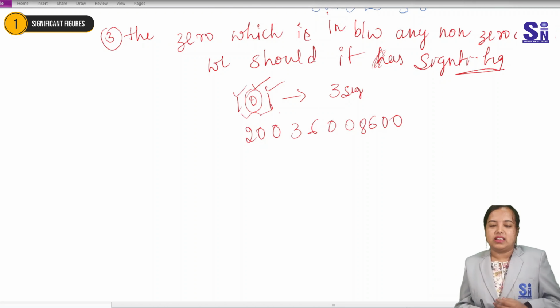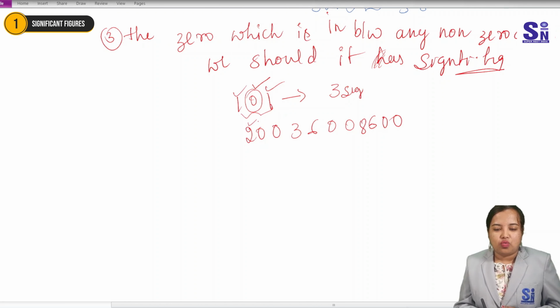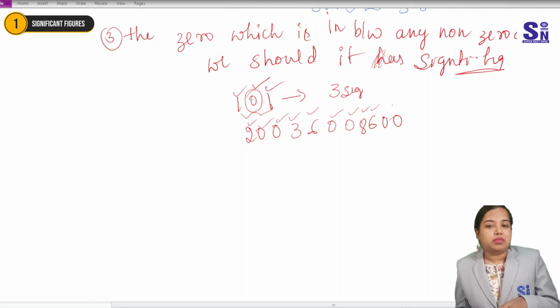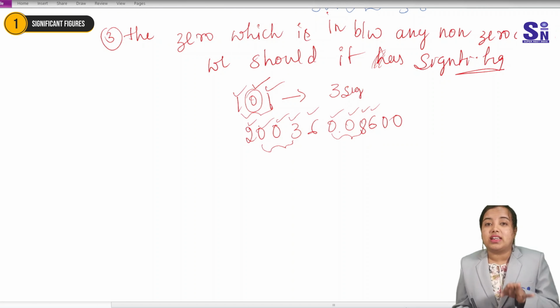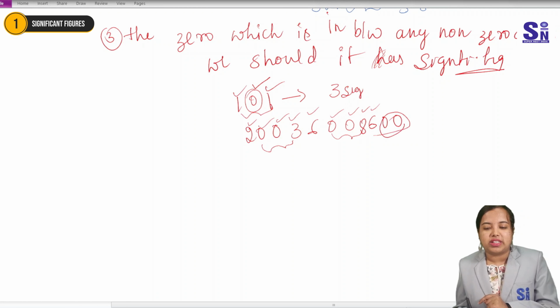Okay, then if you consider here 1 2 3 4 5 6 7 8 9, even though it contains 10 numbers, see here non-zero digits, there are 4 zeros. Okay, you should consider that one as a significant figure, but you won't consider the last two trailing zeros, which are not significant figures.